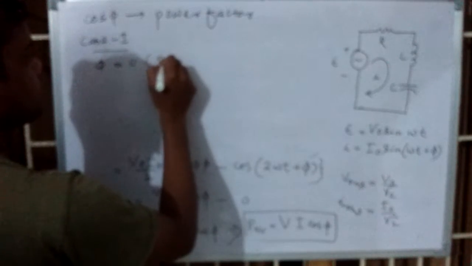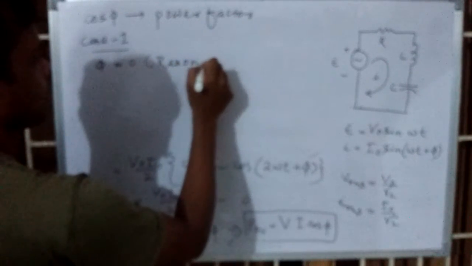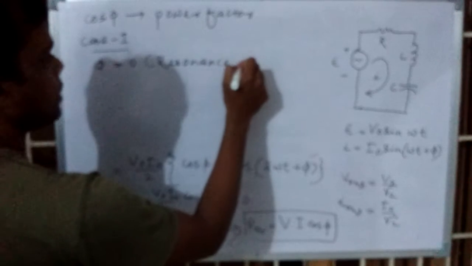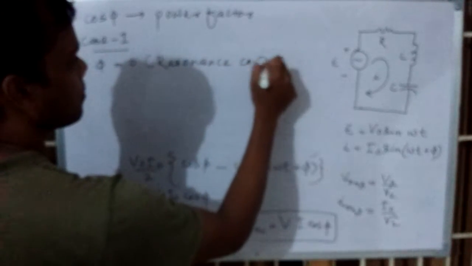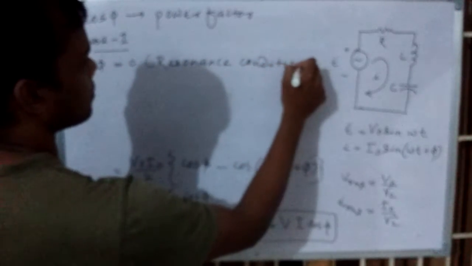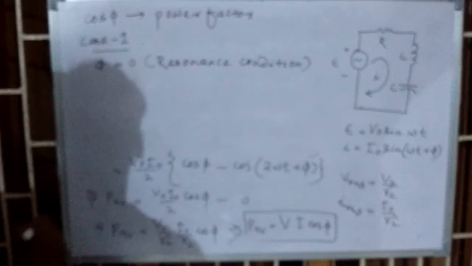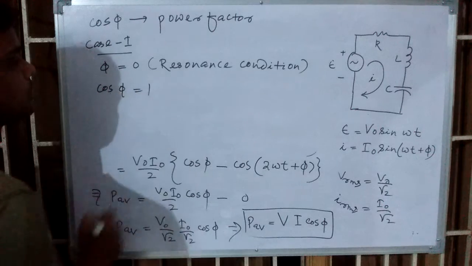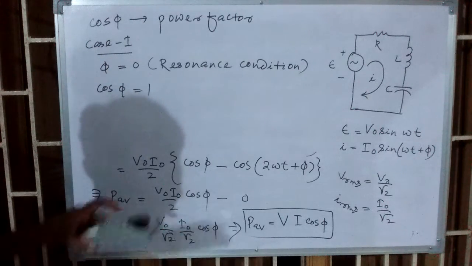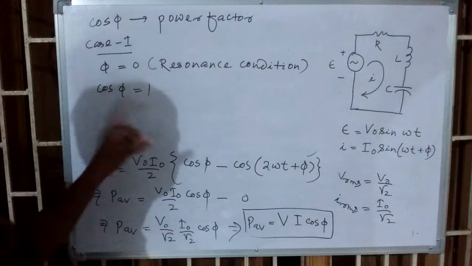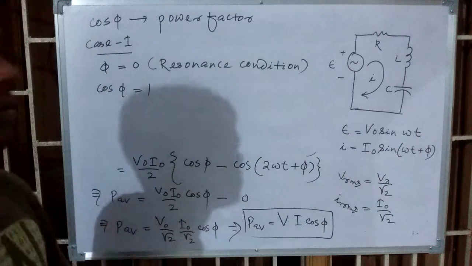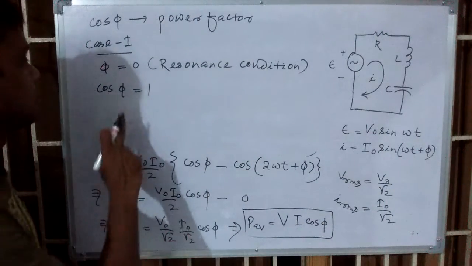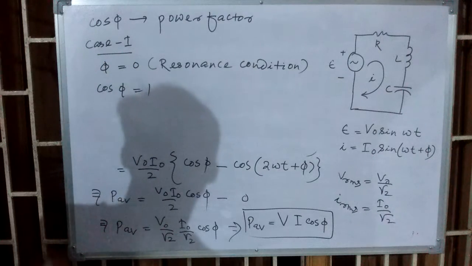Phi equal to 0 means resonance condition. Now what is the cos phi value? It is equal to 1. That means the power factor of a resonant circuit is equal to 1.